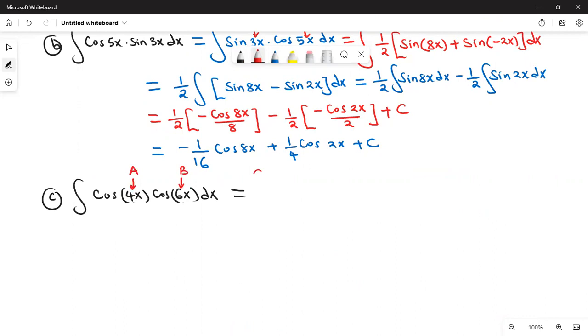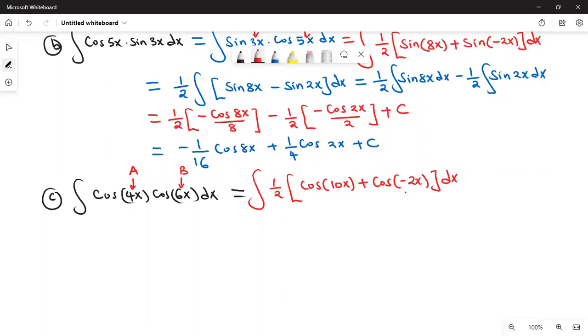So this is the same as the integral of 1 over 2 times cosine of the sum, that's 4x plus 6x, that is 10x, plus cosine of A minus B. A minus B is 4x minus 6x, and that is negative 2x, dx.